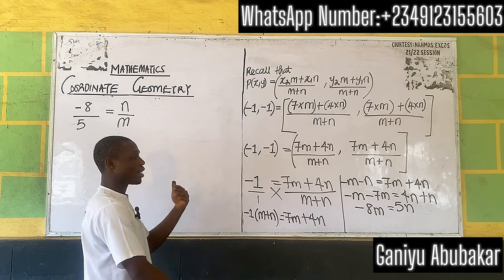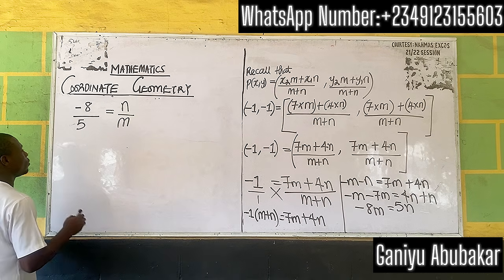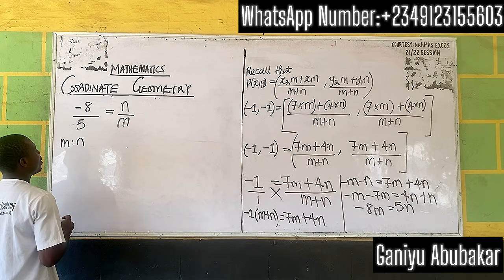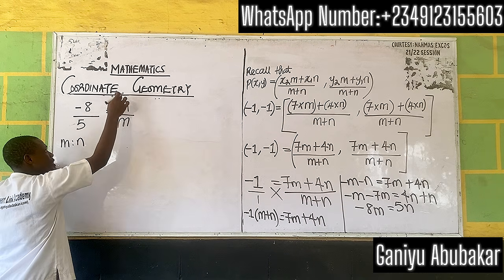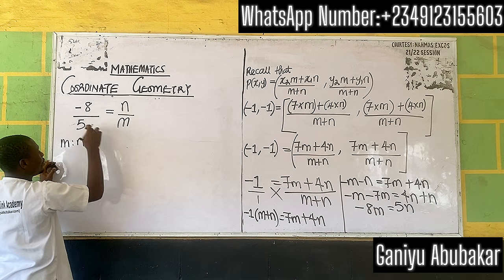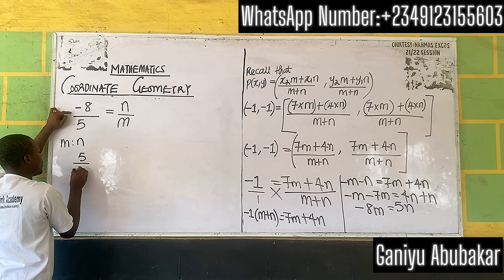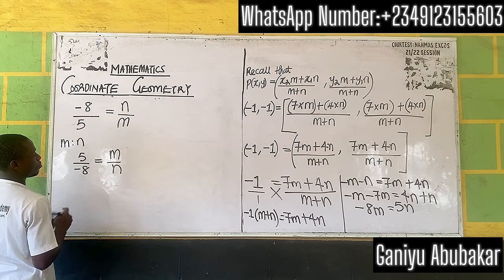I reversed back. But we know that the ratio is m to n, so m should be up, n should be down. So this m should move up, this n should come down. Similarly, 5 will go up, this will come down. So by having 5 over minus 8 equals m over n.